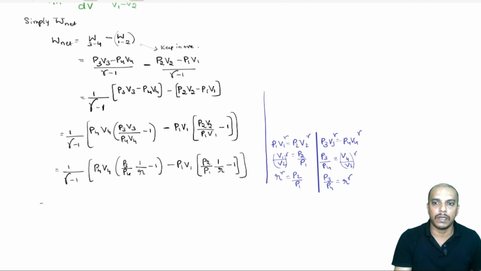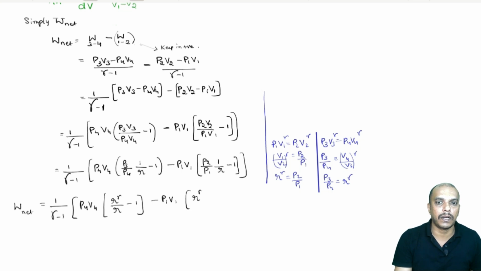Right now we are deriving for work net. Remember, we are talking about work net. So, 1 by gamma minus 1 into P4 V4. Now, this term I am writing as R power gamma, divided by R minus 1, minus P1 V1 times R power gamma divided by R minus 1.